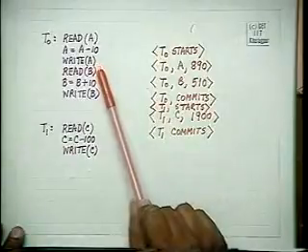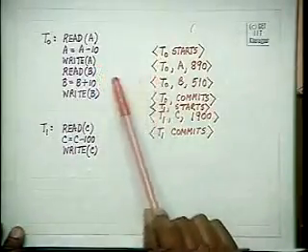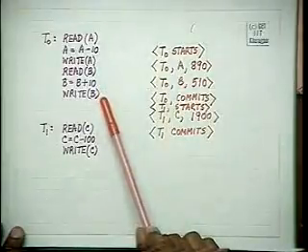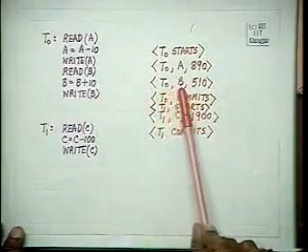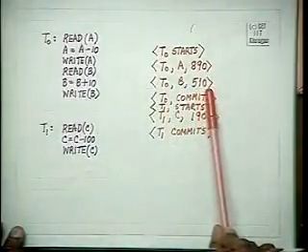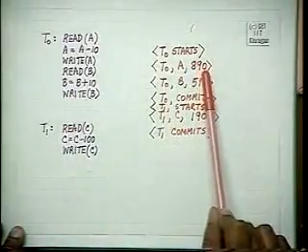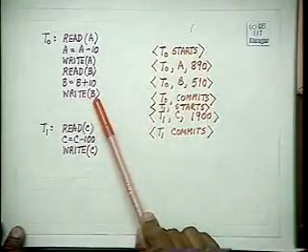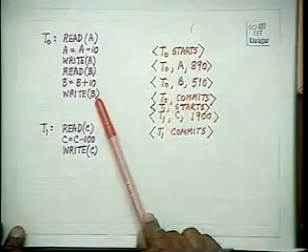Then for read B, nothing will happen, nothing will be written onto the log. B assigned B plus 10, then write B. Write B will not be executed, but T0, B, 510 will be written onto the log. Initially it was 500, now it will be 510. Initially this was 900, this will be 890. Now after write B is executed, this transaction partially commits.